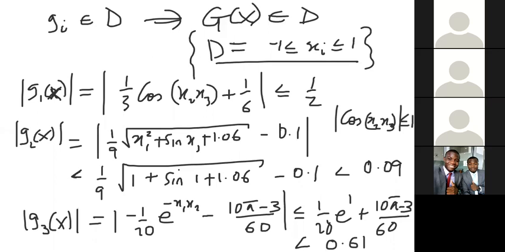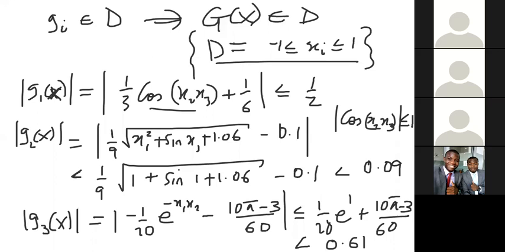We know that, right? Yes. So I can even use that and even the triangle inequality. Okay, so you're just picking the value. Yes. So this cos(x2 x3) is less than or equal to 1, right? So I'm going to have 1/3 plus 1/6. 1/3 plus 1/6 will give us what?